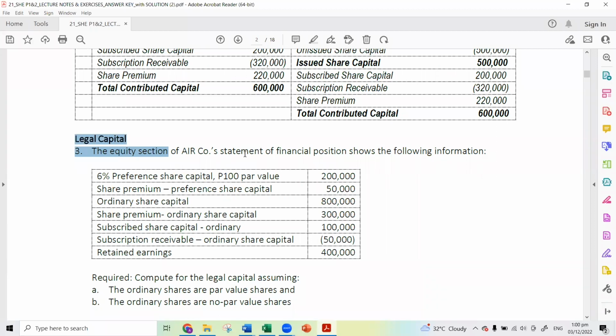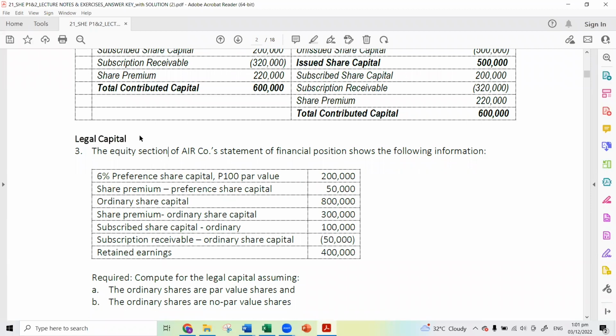So this legal capital class is based on the so-called concept of the trust fund doctrine. Anong sinasabi doon? Which states that the share capital of a corporation is a trust fund. Bakit? For the protection of the creditors.